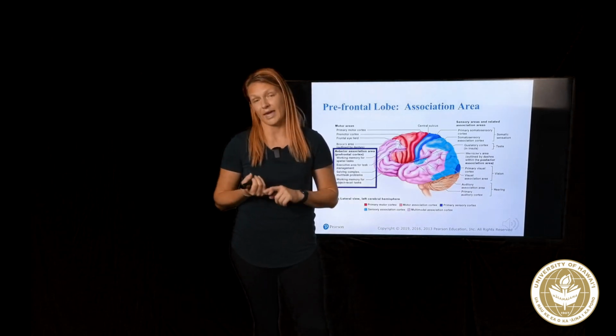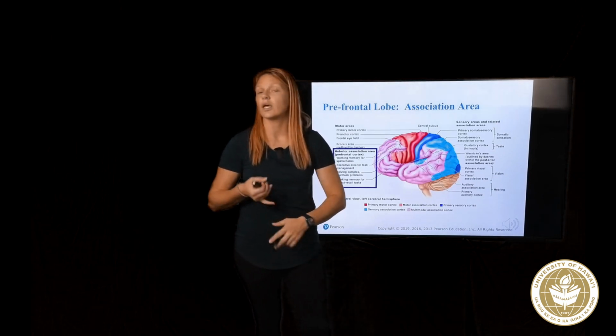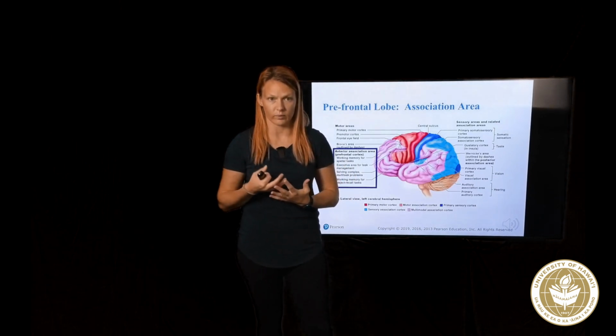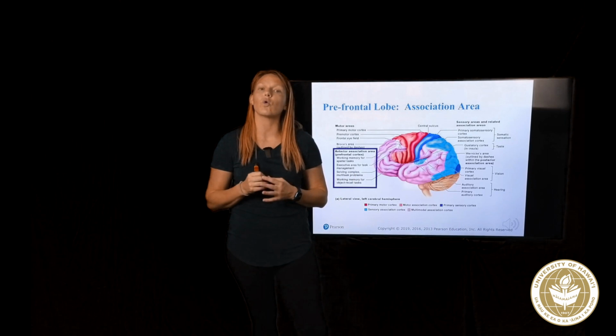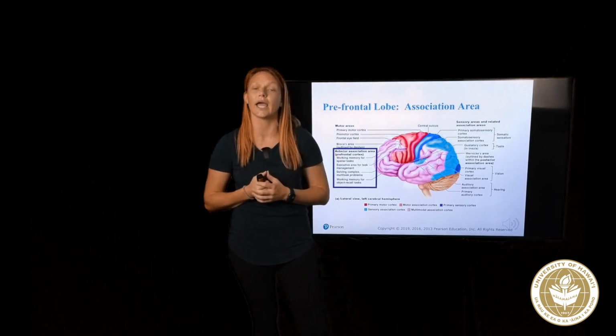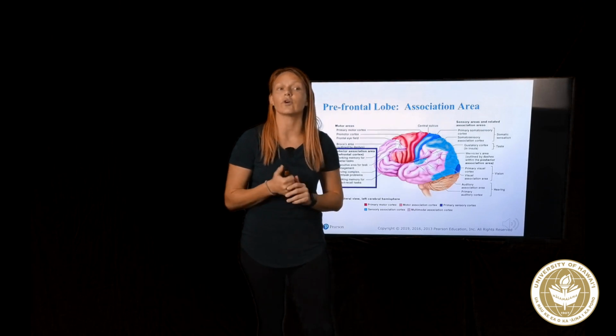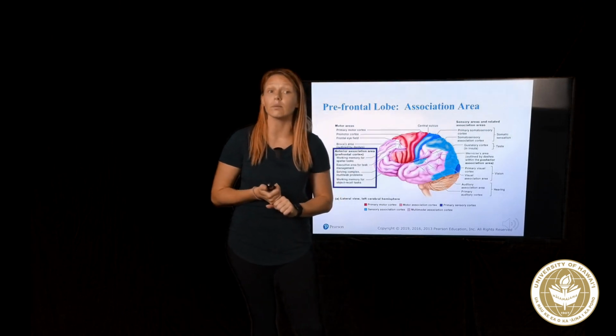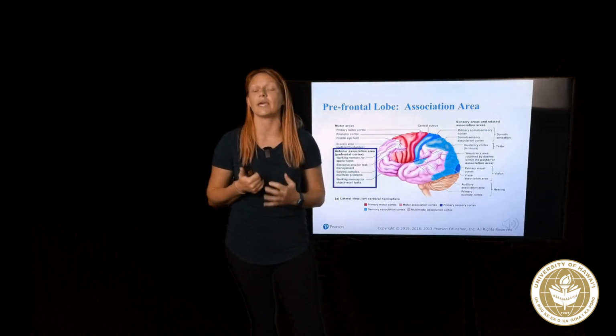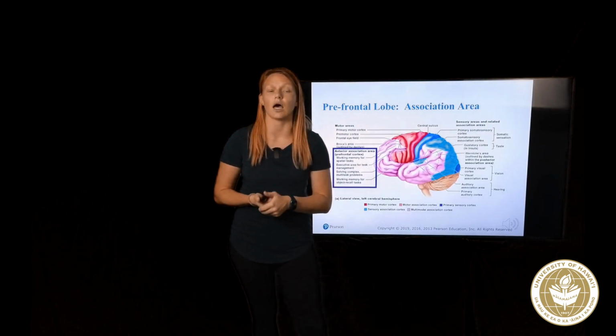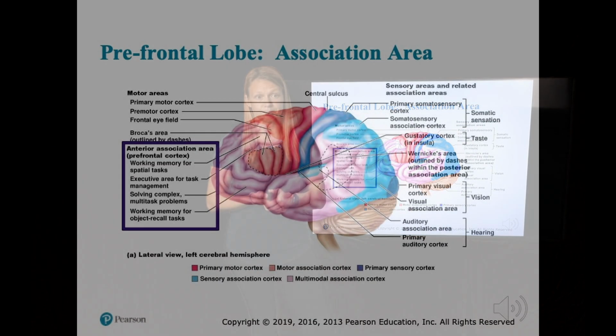They might become careless about their personal appearance and then again just take a lot of different risks. So that association cortex is going to be the cerebral cortex outside the primary areas that are essential for mental functions that are more complex than detecting basic dimensions of sensory stimulation.